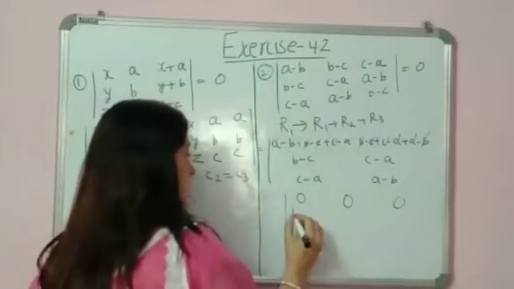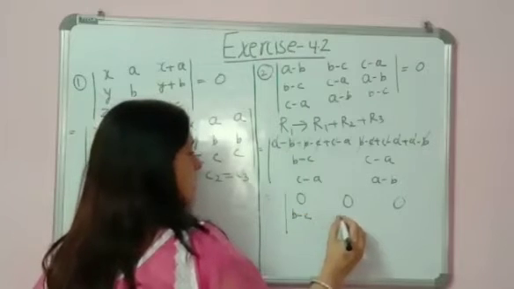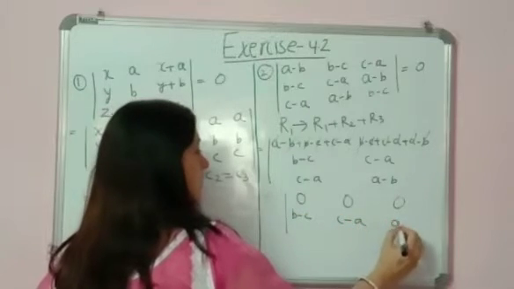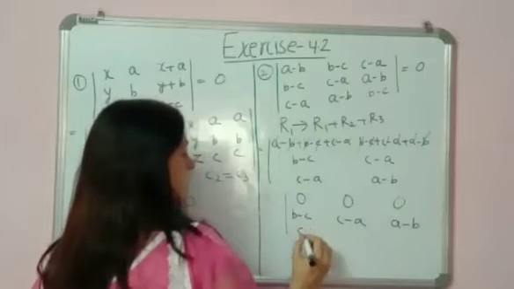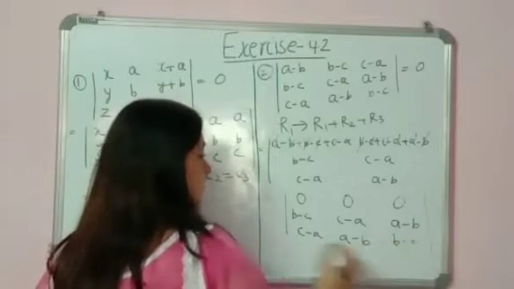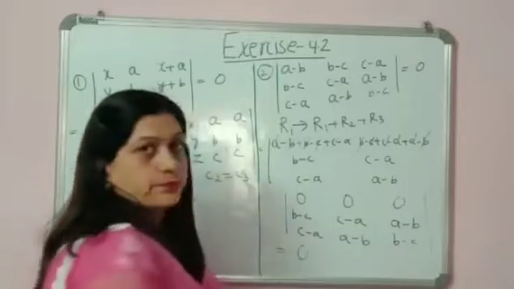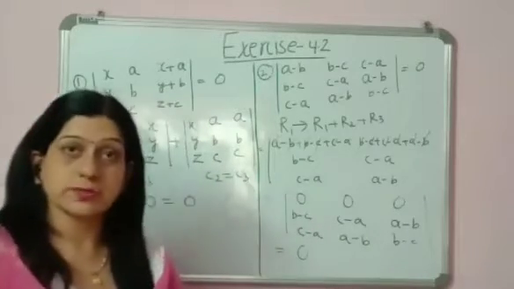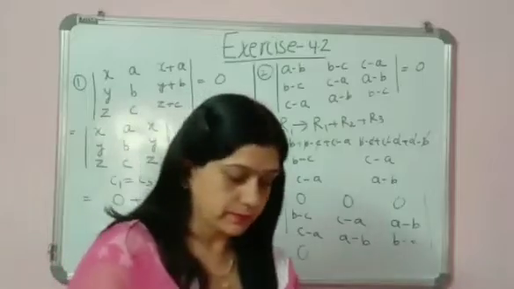Then in the next row it is B minus C, C minus A minus B, then C minus A minus B, and B minus C, and that is equal to 0. So hence proved this question also.